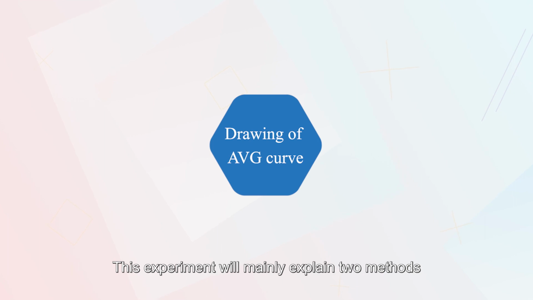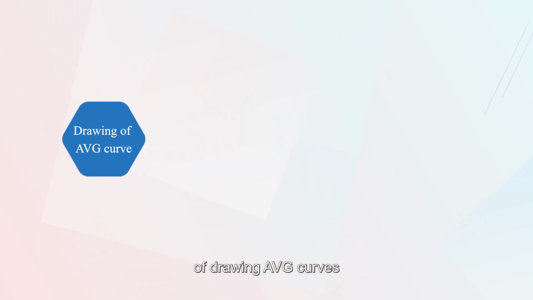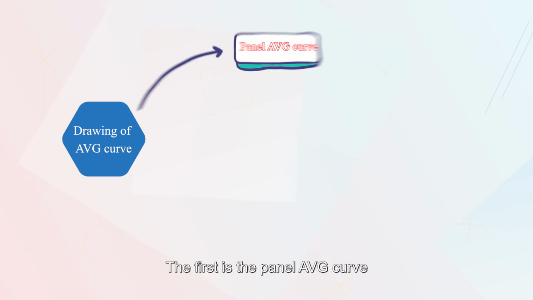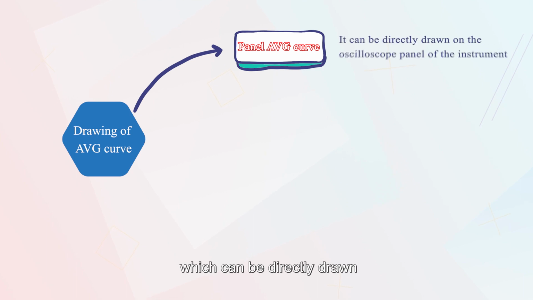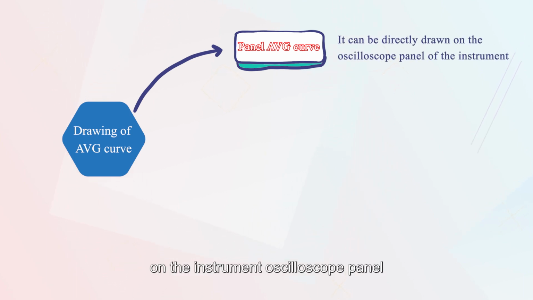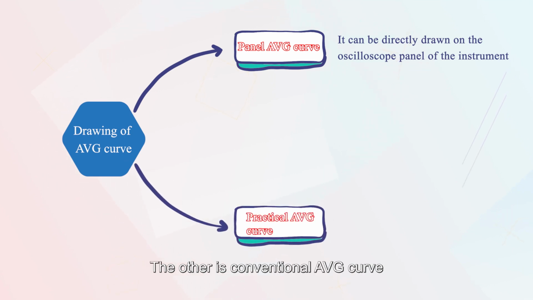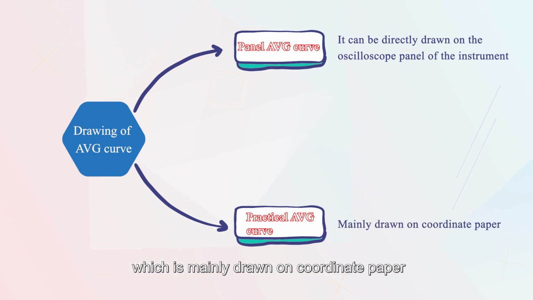This experiment will mainly explain two methods of drawing AVG curves. The first is the panel AVG curve, which can be directly drawn on the instrument oscilloscope panel. The other is the conventional AVG curve, which is mainly drawn on coordinate paper.